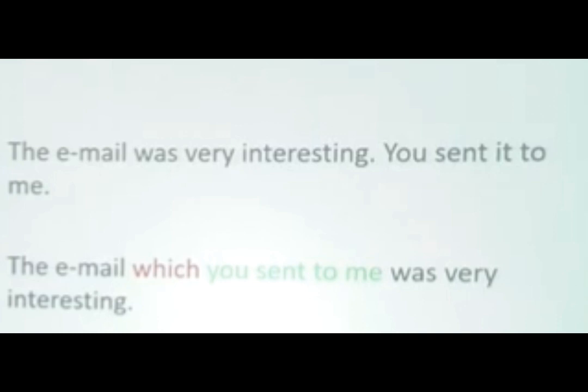So to help you get which email I'm specifically talking about, you can say the email which you sent me, that gives us very important information about the noun email here.